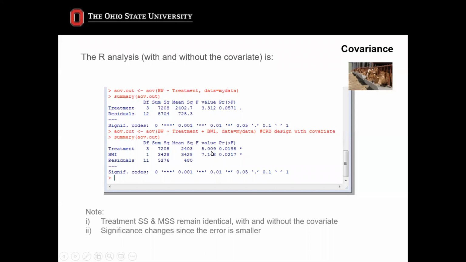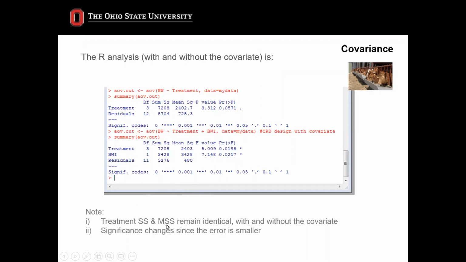Now we can see the F value is larger and the probability less than 0.05, we can see that there is a significant effect of treatment in this study. We can also see a significant effect of body weight, which adds evidence to the value of including initial body weight as a covariate in this model.